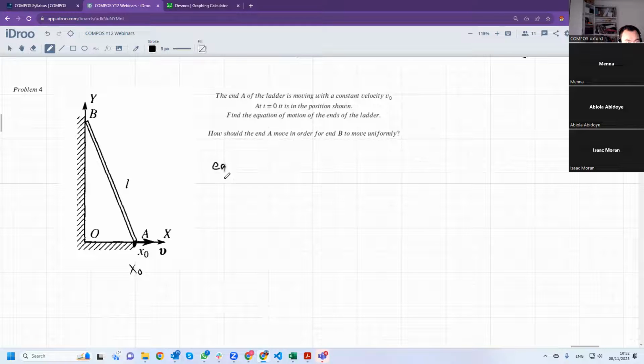So the equation of motion of point A: the x position of point A is equal to the initial position, where it is now, plus the velocity multiplied by t.